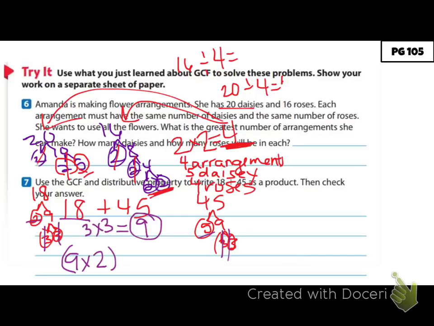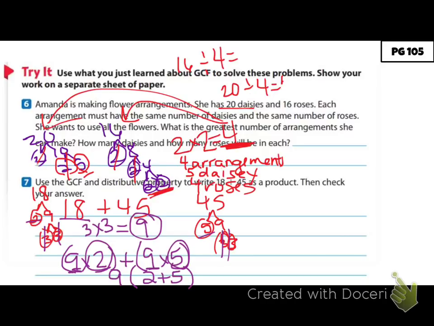And then I'm going to take 9 times 5, which gives us 45. They both have a 9 in common, so I take that out. And then I take what's left, which is 2 and 5, and that goes on the inside.